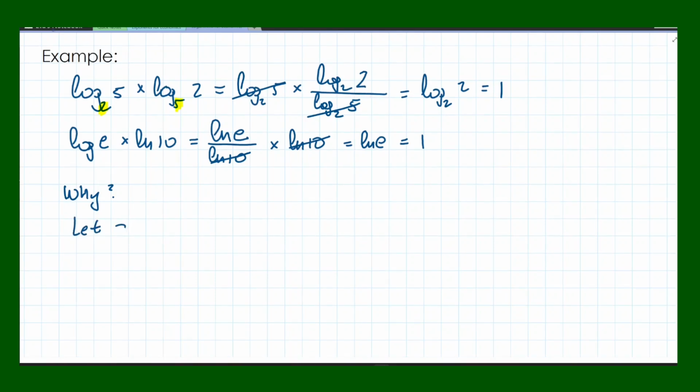So, let x and b both be positive numbers. Remember that in the rule, b was the base in the first term and x was the argument in the first term, which means neither the base nor the argument can be 0 or negative. But on top of that, b as the base cannot be equal to 1.